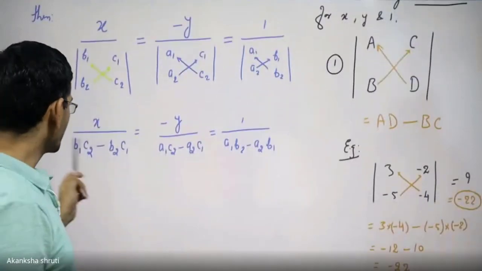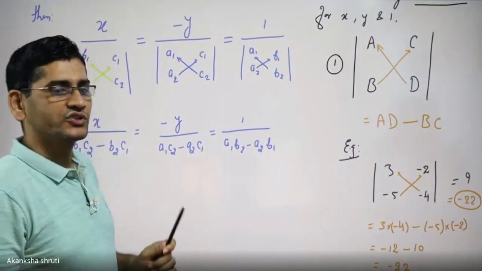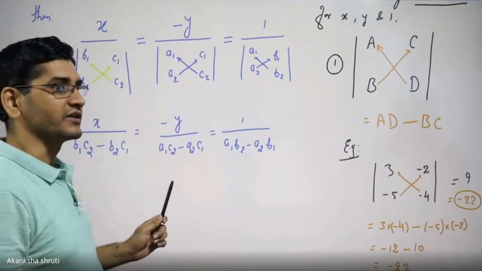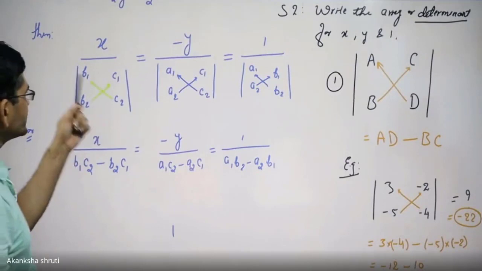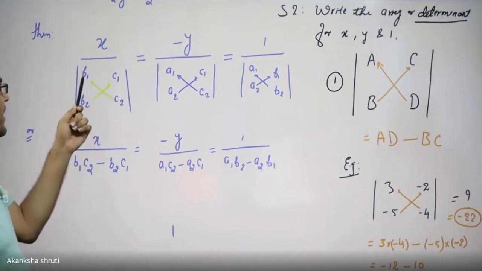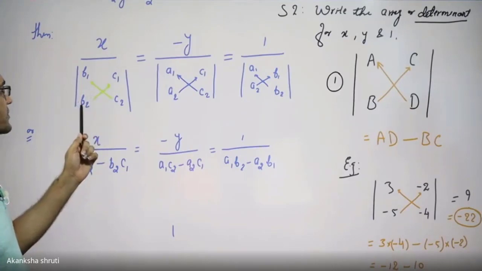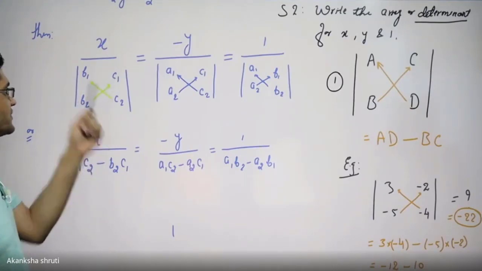Keep in mind, students, this is the method of solving the determinant, where the array is removed in this way. That's why this method is also called the determinant method. Another thing, students, here we are using cross multiplication, B1 C2 then C1 B2, which is the crossing.